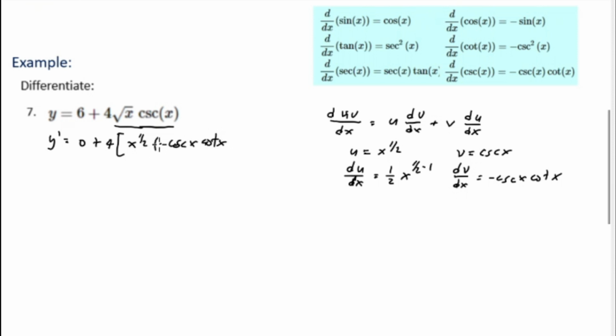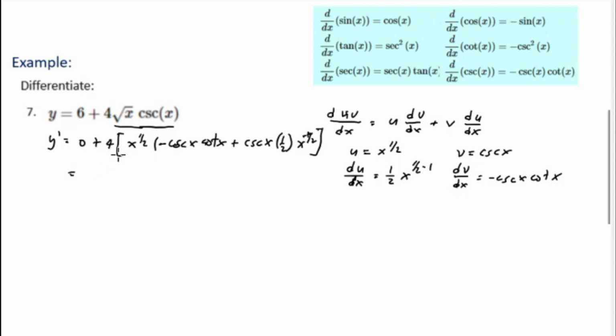And then v, which is cosecant of x, plus cosecant of x times the derivative du over dx, which is 1/2 x to the 1/2 minus 1, or negative 1/2. This is 1/2 x to the negative 1/2, and close parenthesis. And we simplify.